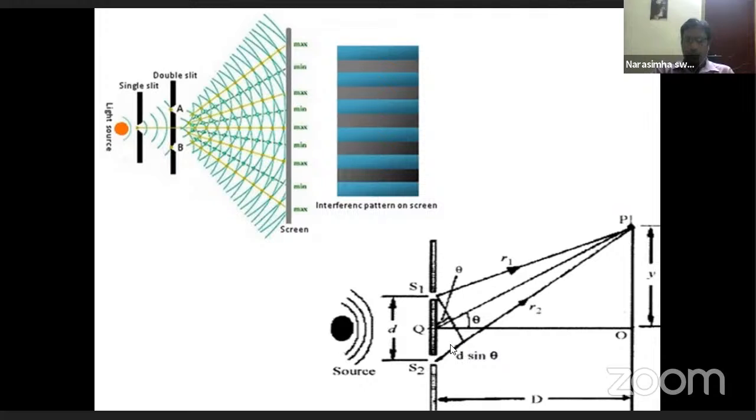Once this extra travel distance is removed, both rays will be parallel, so there we can determine what kind of spot it is. This path difference decides whether the spot is bright or dark. Okay, now with this information, we'll proceed to do some problems.